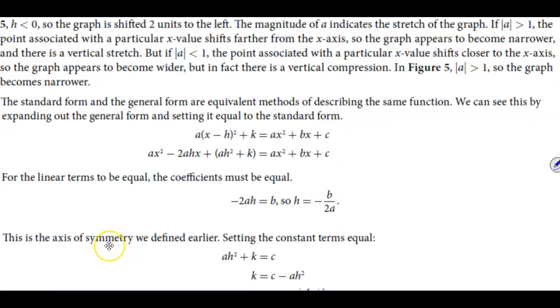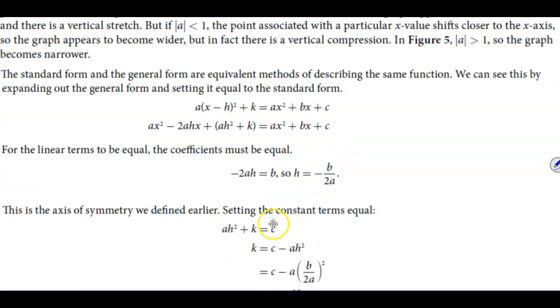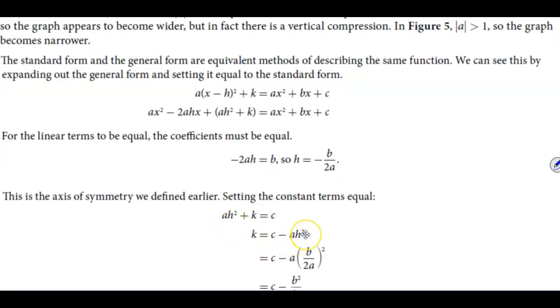Now, the axis of symmetry we defined earlier. Next we set the constant terms equal. If you look at what's grouped here, we have ah squared plus k. These are all constants, arbitrary constants. And the constant on this side is the value of c, which is the reason why we have ah squared plus k equals c. Now if we want to solve for k, we can subtract ah squared from both sides.